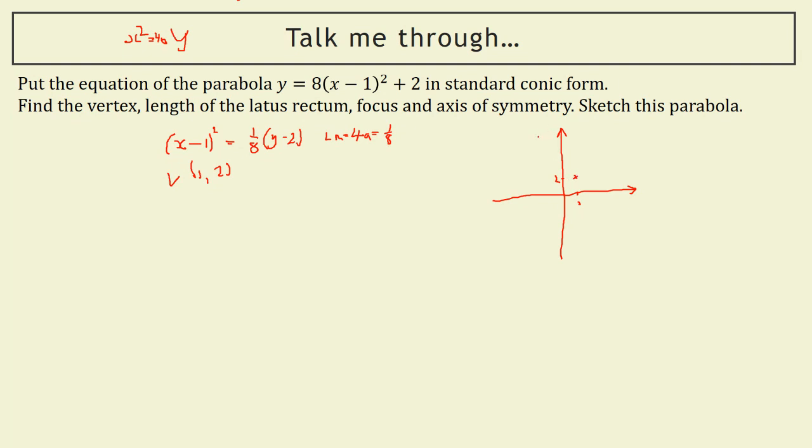We know it's in the opposite form to what we're used to seeing, so it's kind of looking like that, isn't it? How can I work out where the focus is? Well, the focus is here somewhere, isn't it? One over 32.